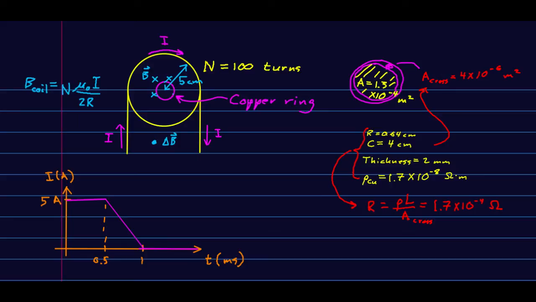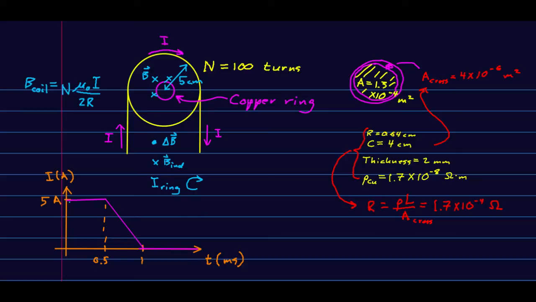Well, Lenz's law tells us then that there will be an induced B field produced by the induced current in the ring, which is into the page, and right-hand rule tells you that our current in the ring is going to be clockwise. That's the direction for this induced B field.